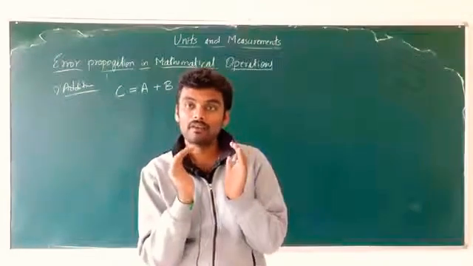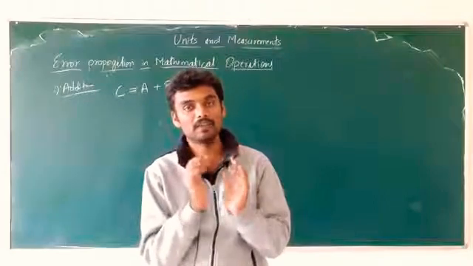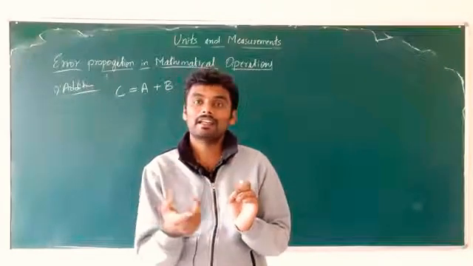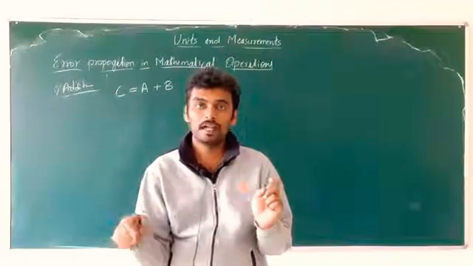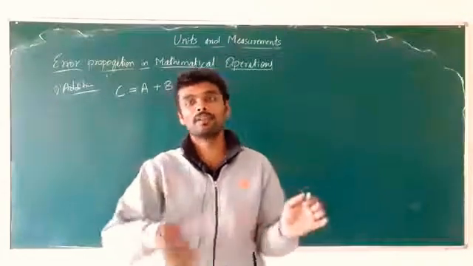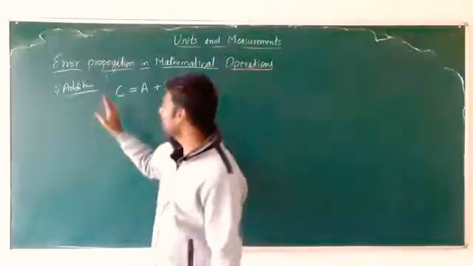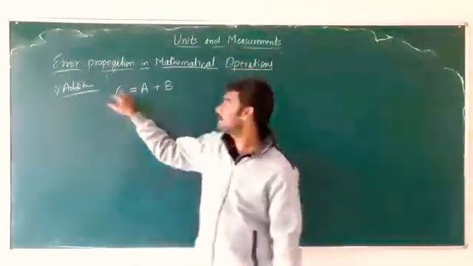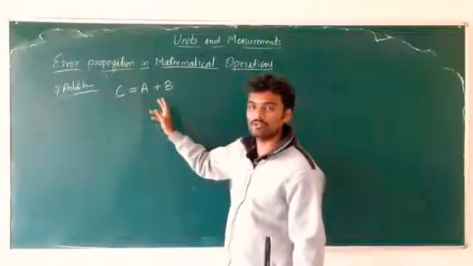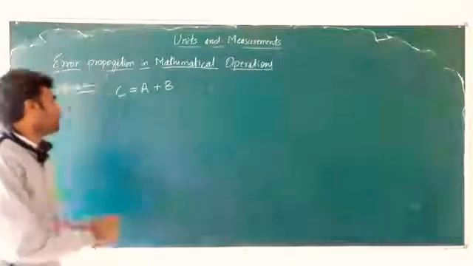So the sum of length and breadth is an important quantity. I can get error in both length and breadth, which will contribute to the total error in the perimeter, isn't it? So this is one such situation where we have a quantity C which is dependent on A and B, expressed as the sum of A and B.